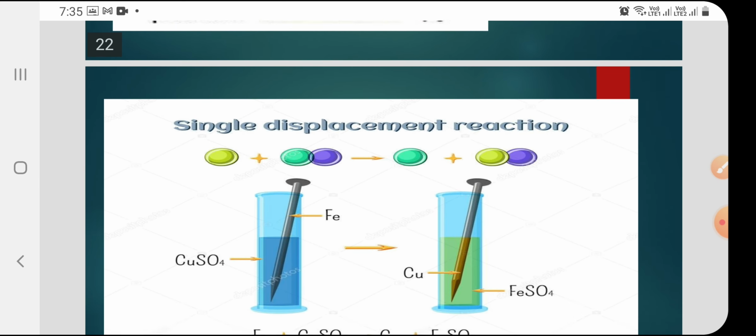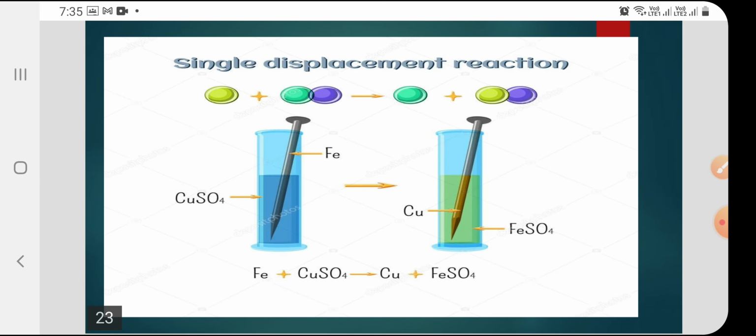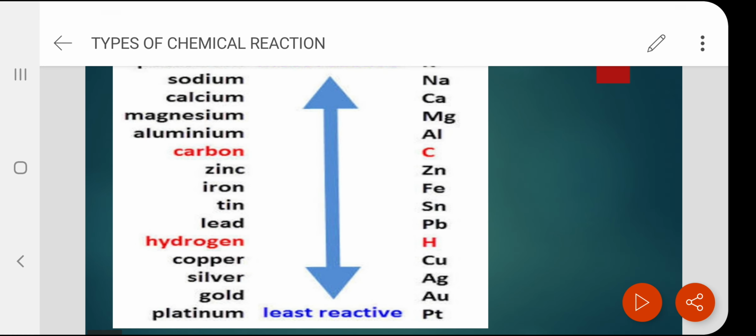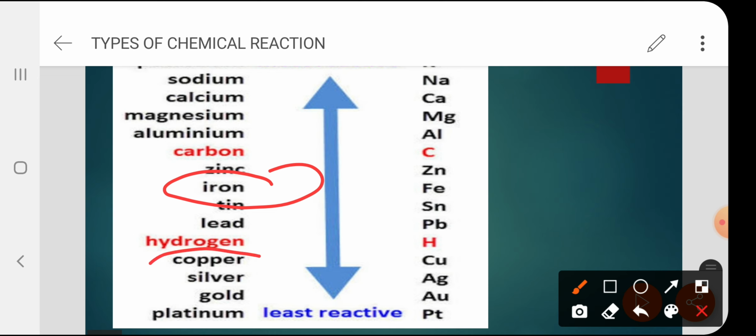Okay, so here is an example. You can see that iron reacts with copper sulfate solution, and iron is more reactive than copper. Here you can see the position of iron, iron is here and copper is here, so iron will be more reactive.